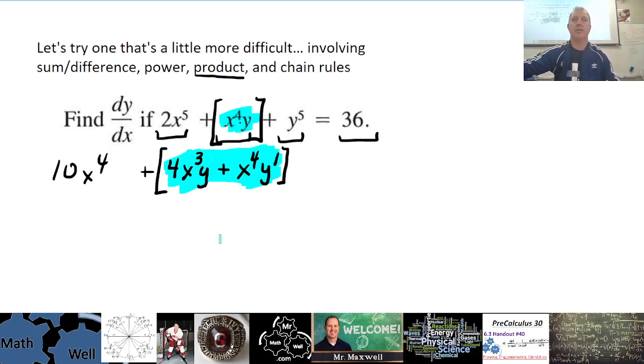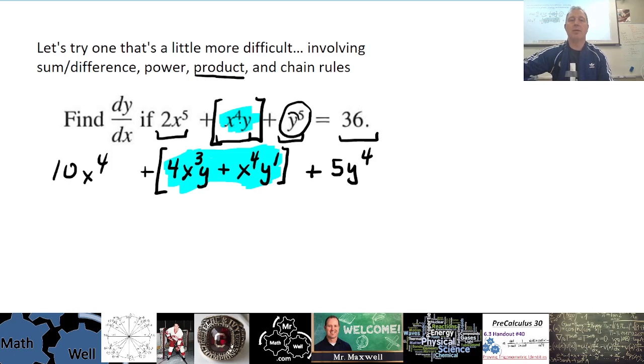Okay, you liking that? I mean, you okay with that? Making sense? All right, let's move to the next one. So plus, now this is not the preferred variable, so I have to remember chain rule. Outside function, 5y to the 4. That's the first outside part.